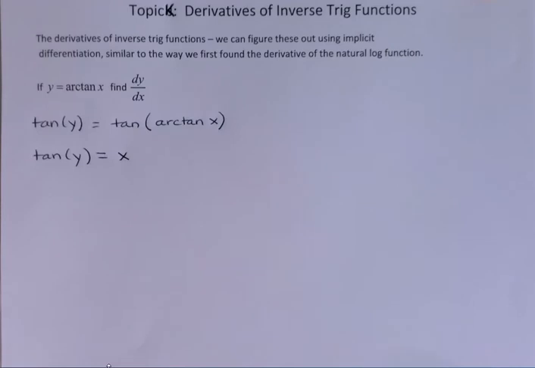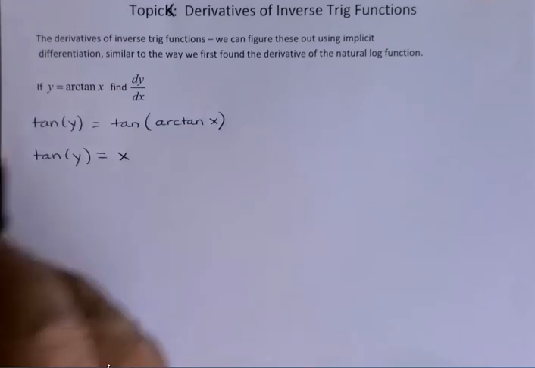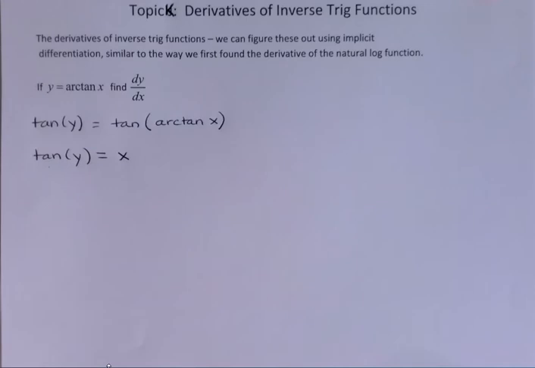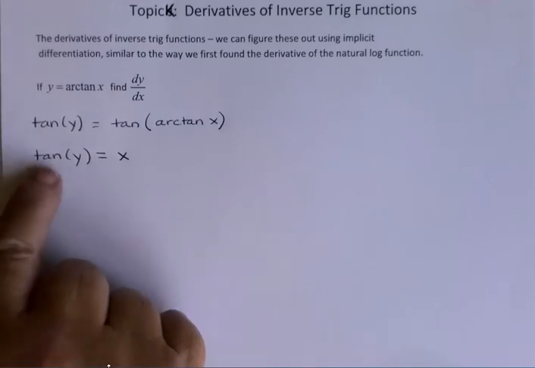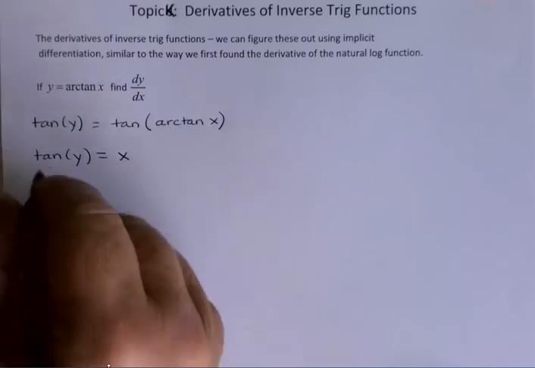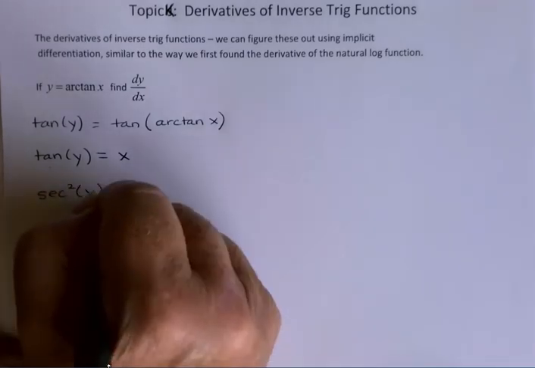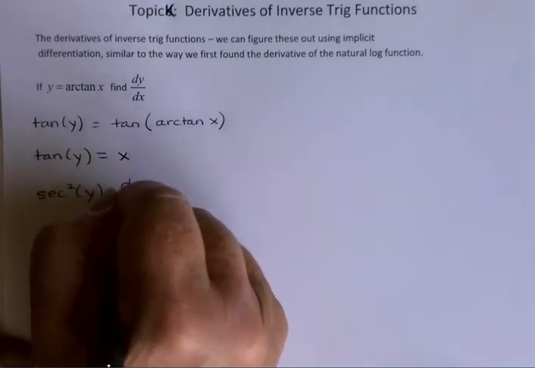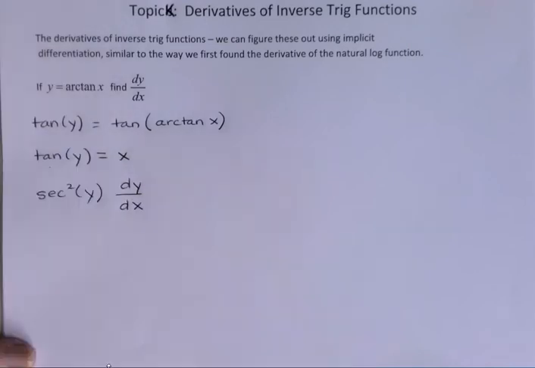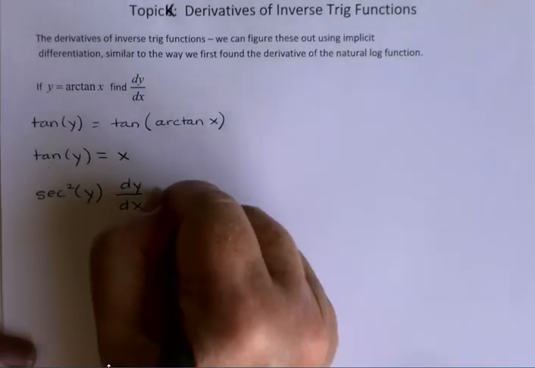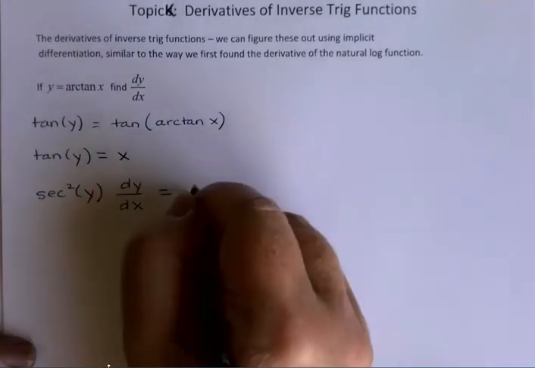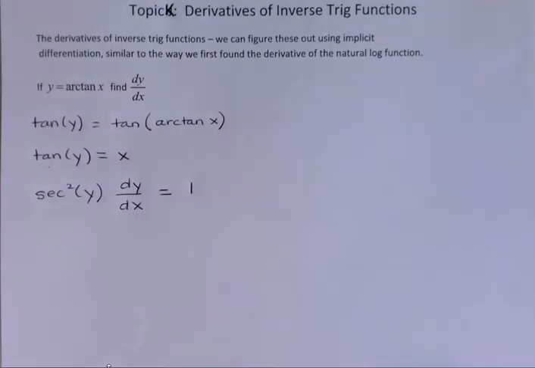And although it's an implicit function, it's a function that I know how to take the derivative of both sides now, which is a big advantage, right? So let's go ahead and do the derivative. The derivative of the tangent function is secant squared. So I'm going to get secant squared of y, and here's the chain rule, times dy dx, equals the derivative of x with respect to x, which is just 1.